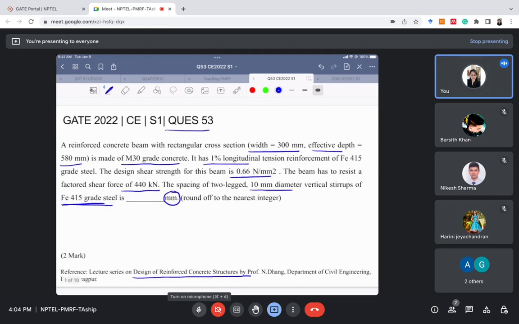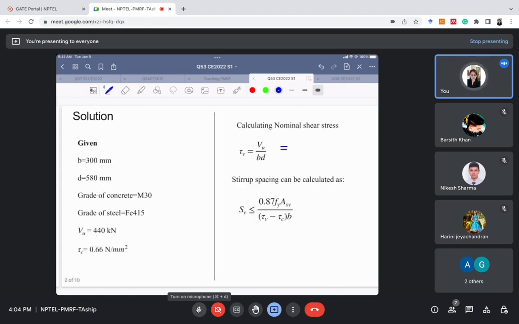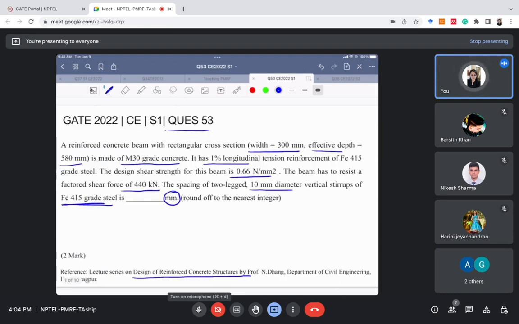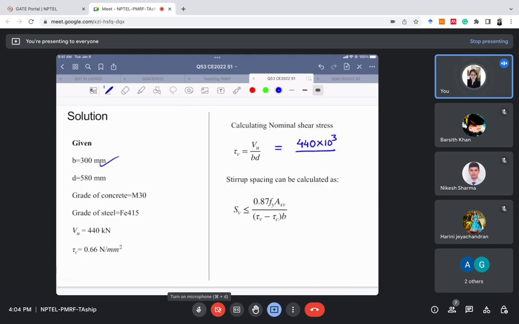The factored shear force is given to us as 440 kilonewton, so we'll do it in N, divided by b, which is given as 300 mm, and d, the effective depth, is given as 580 mm. Can you please calculate it for me? What answer are you getting?